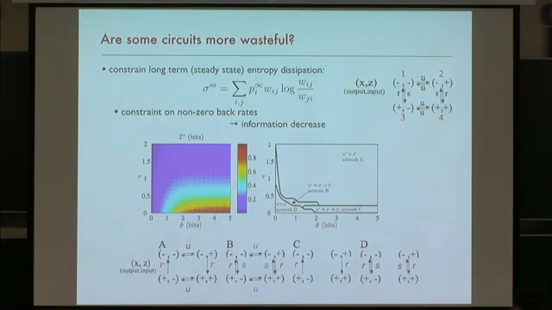And what happens is that if you have less dissipation at your disposal, then of course you can transmit less information. In the simplest case, when there is no feedback, all you can do is play around with the rates.